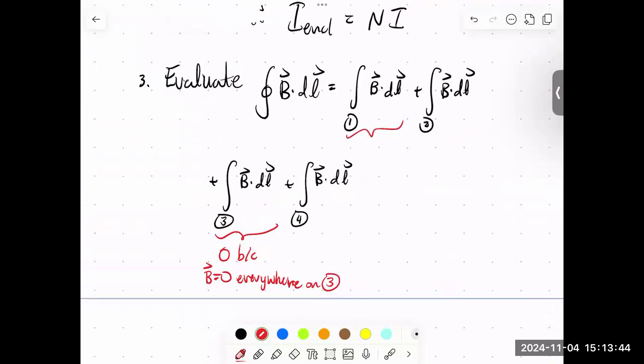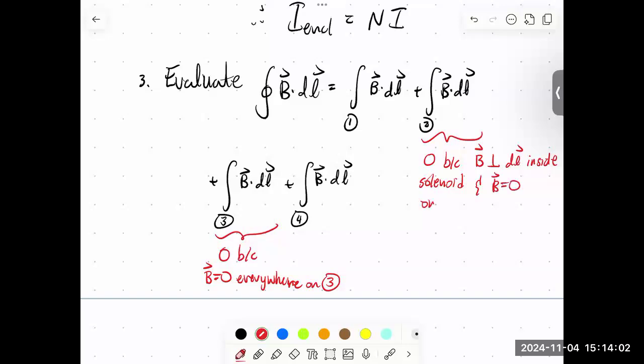Sorry, not that one, not that one. This is going to be 0 because B is perpendicular to dl inside the solenoid, and B is equal to 0 outside the solenoid.